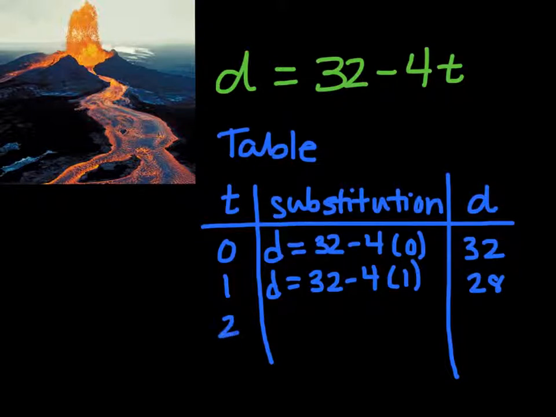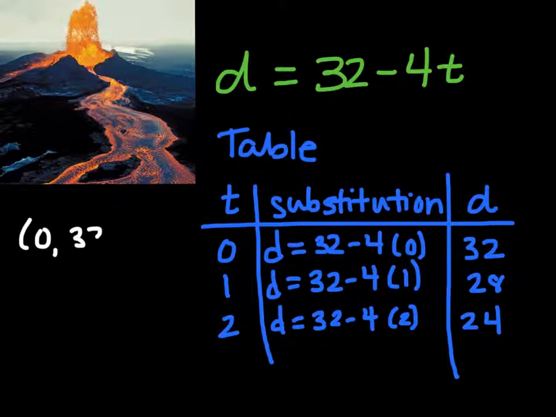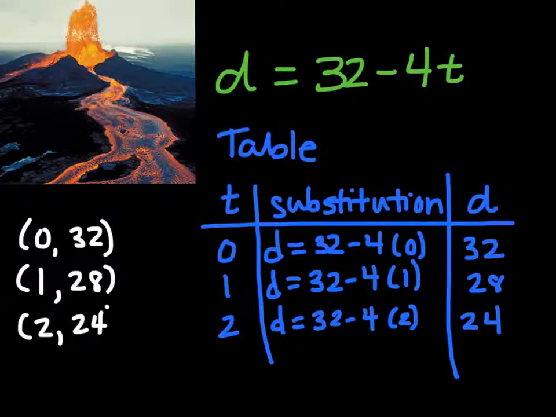If time equals 2 hours, let's fill that into our table here. Our distance would be 24 miles. So we could now rewrite these as ordered pairs: 0, 32, 1, 28, and 2, 24.